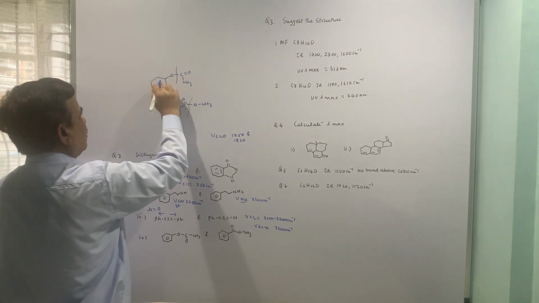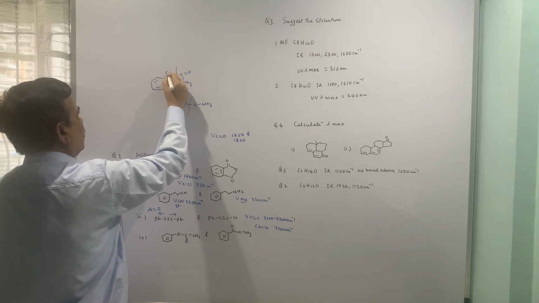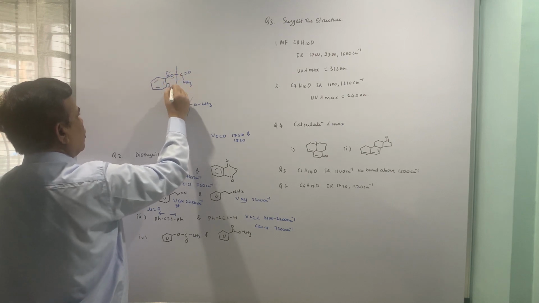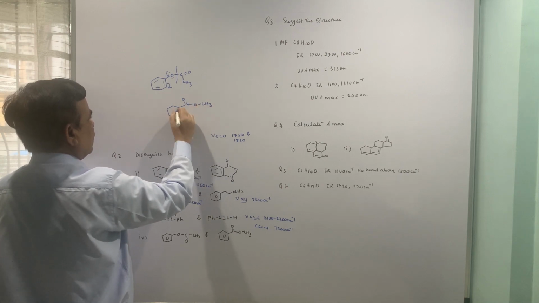Now, the differentiation can be in the form of reverse conjugation. Here conjugation is operating, there reverse conjugation is operating.